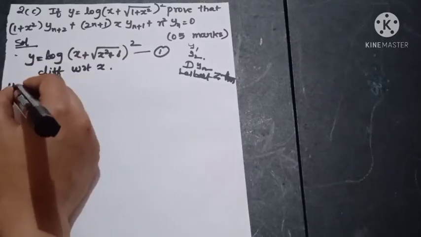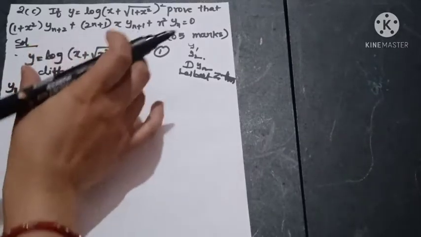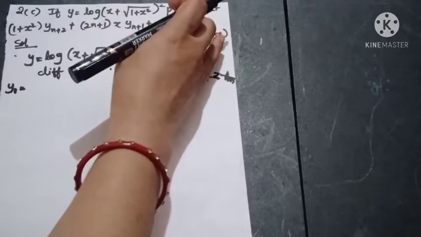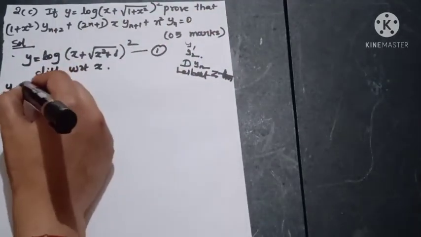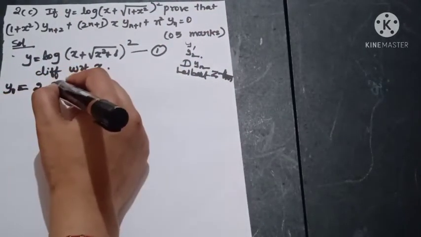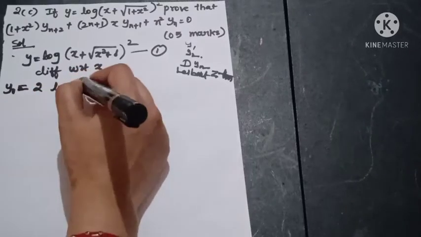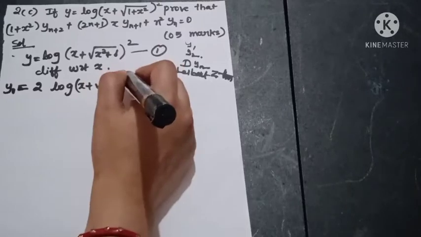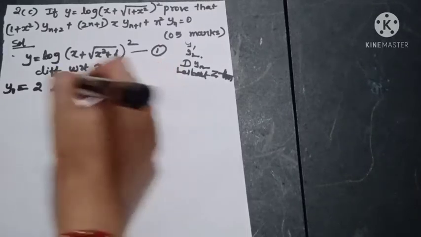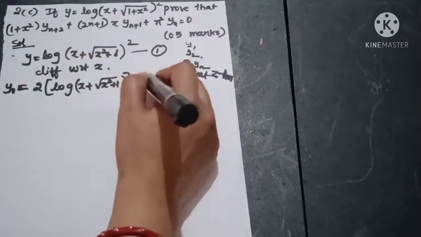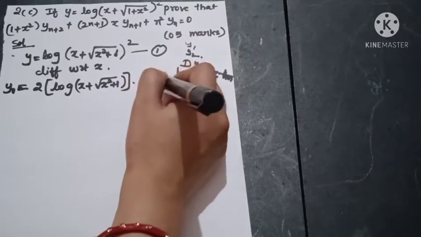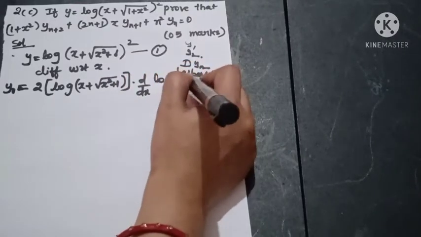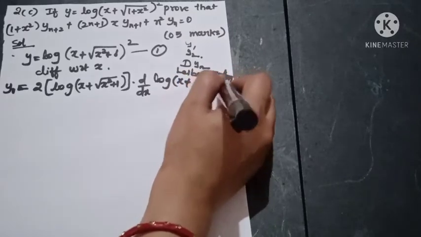What we get is y1 is equal to, so this is something raised to the power, so differentiation is power into log of x plus square root of x square plus 1, into the differentiation of log of x plus square root of x square plus 1.